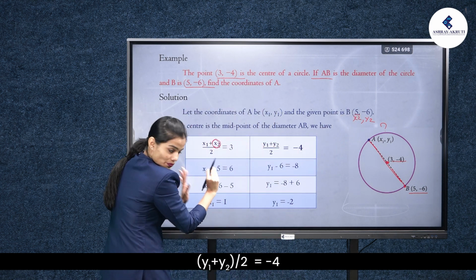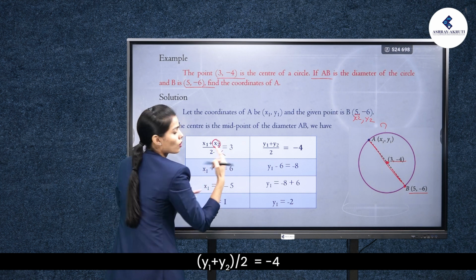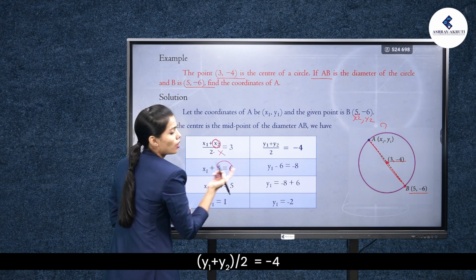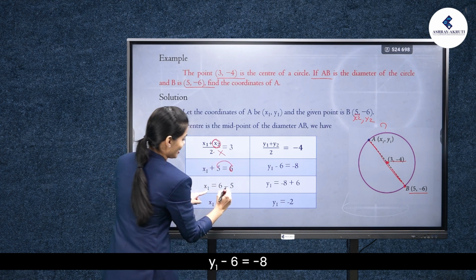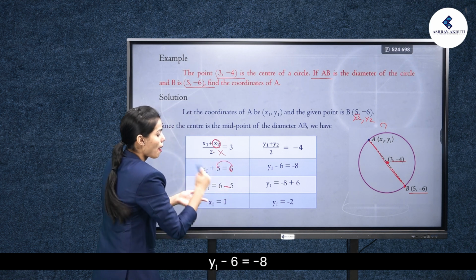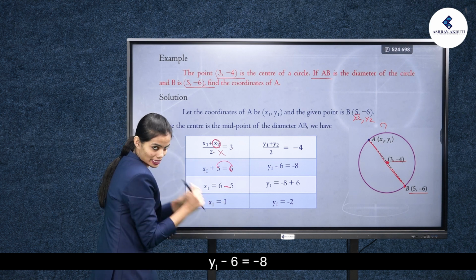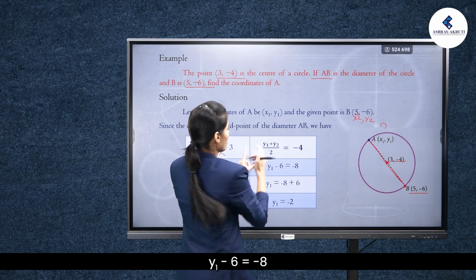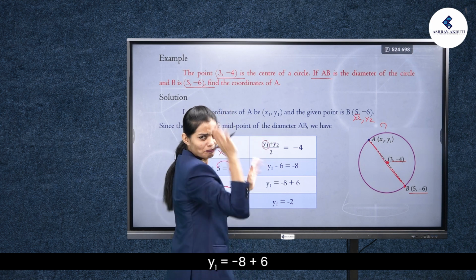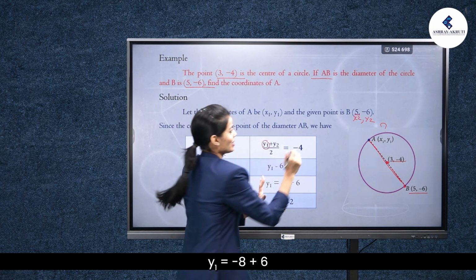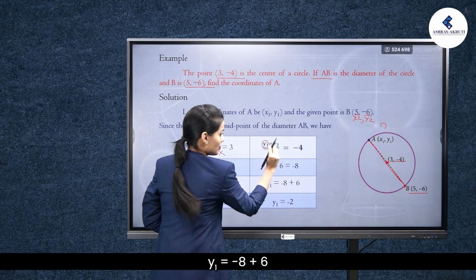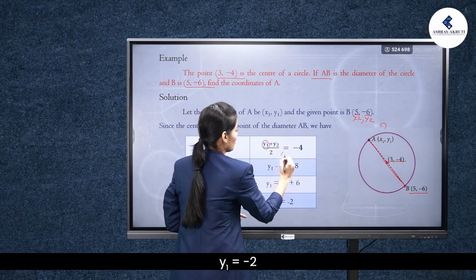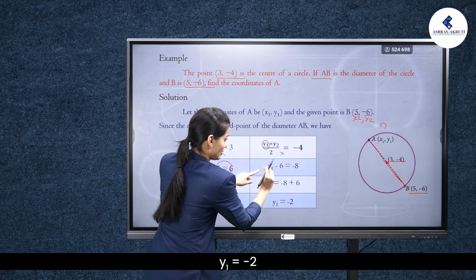(y1 plus y2) by 2 is equal to minus 4. y1 minus 6 is equal to minus 8. y1 is equal to minus 8 plus 6. y1 is equal to minus 2.